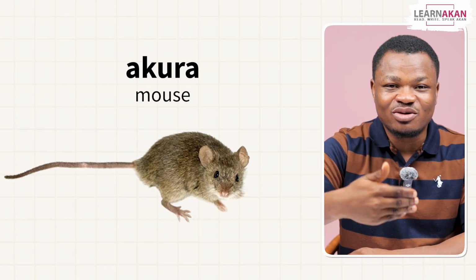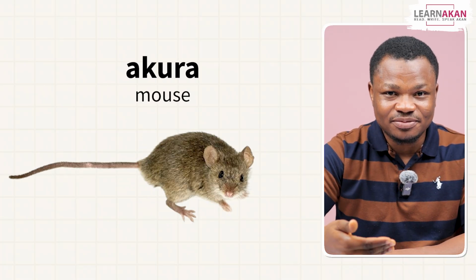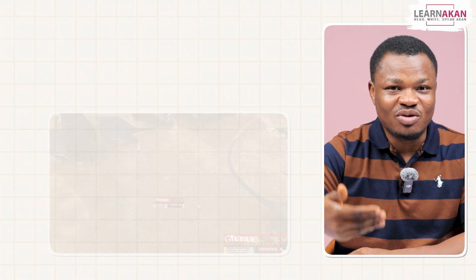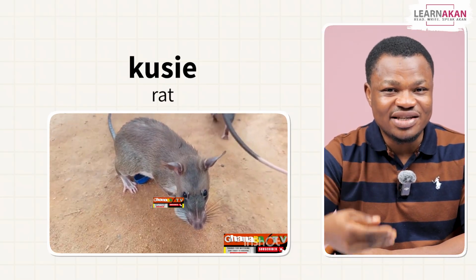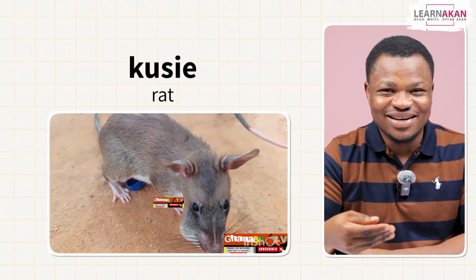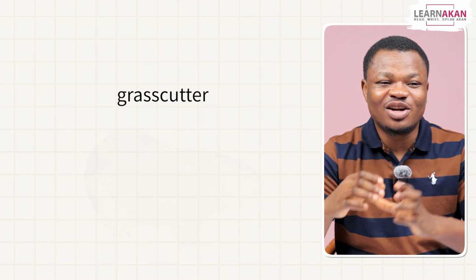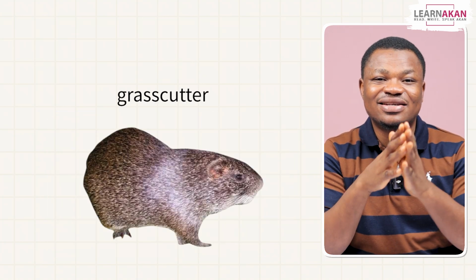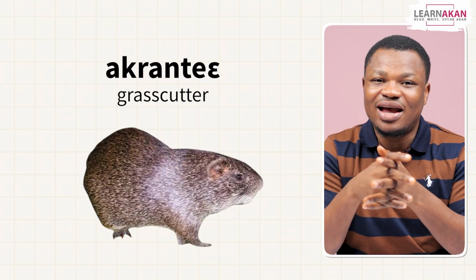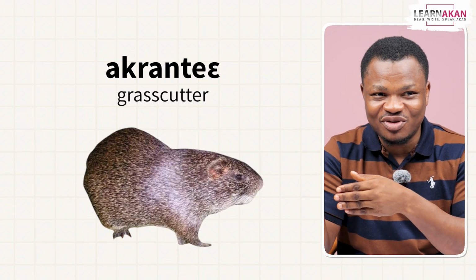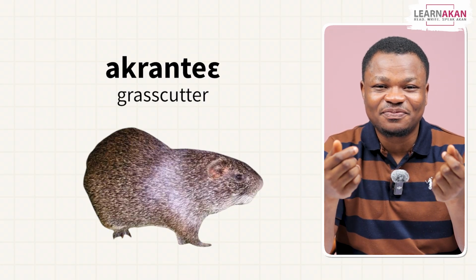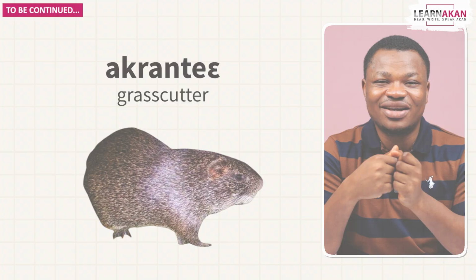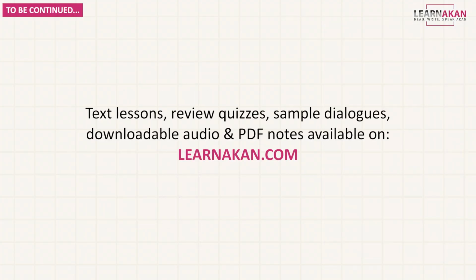So we have a mouse as Ekra, and then we have a rat as Kusi, all right? We also have the grass cutter, and the grass cutter is Akrantie. Again, I've seen this before. My brothers brought them home. So we have Akrantie as the grass cutter.